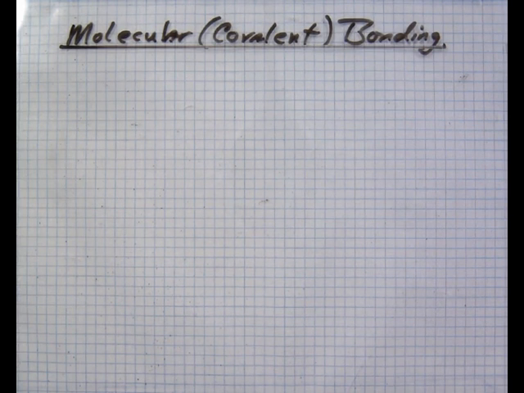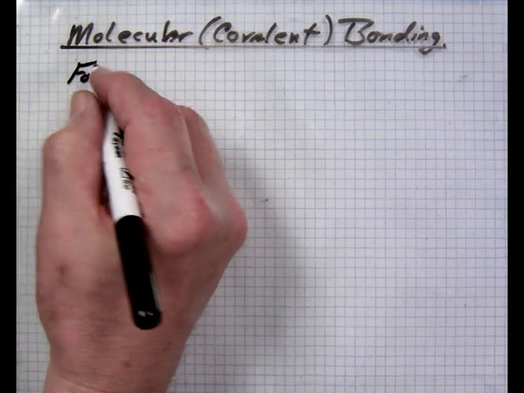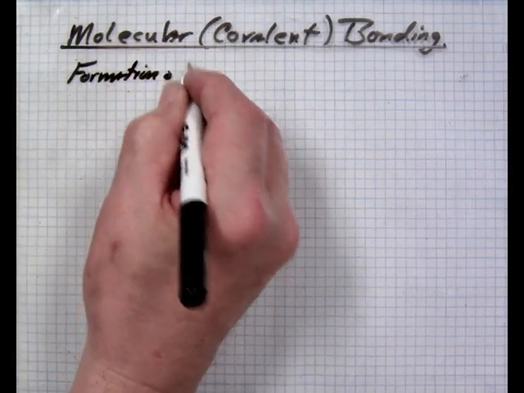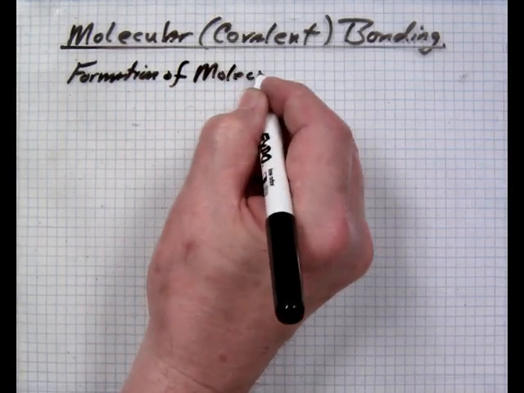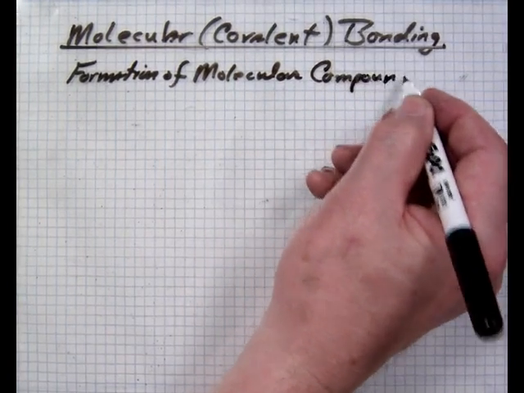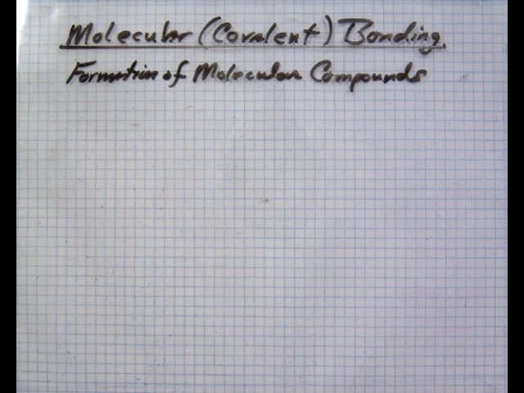And from the terminology, we recognize what we're dealing with is the formation of molecular compounds, or covalent compounds, forming covalent bonds or molecular bonds. So the language and semantics of the subject revolves around those two terms, covalent and molecular.